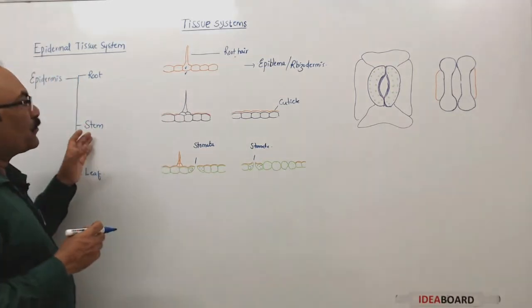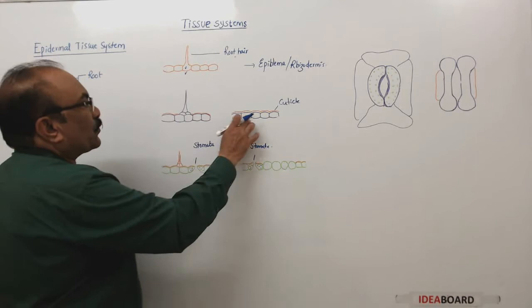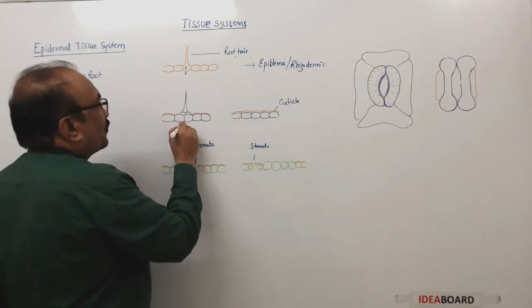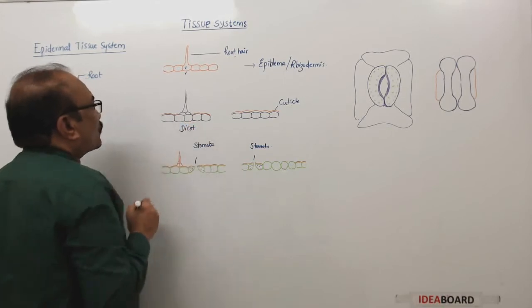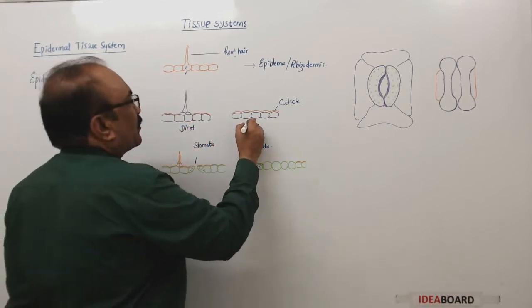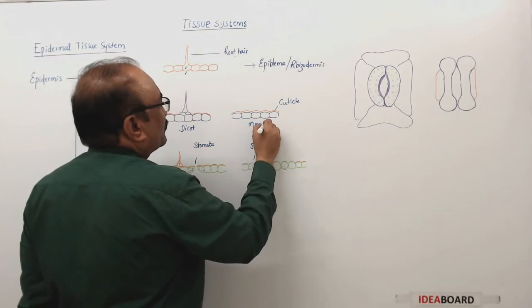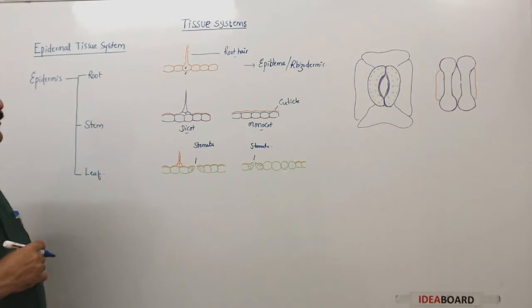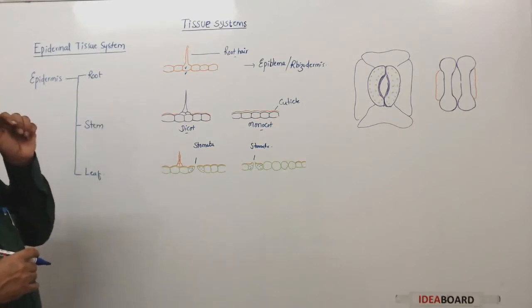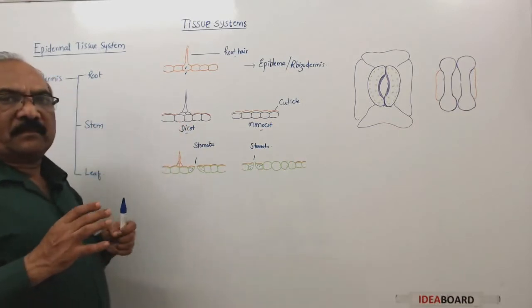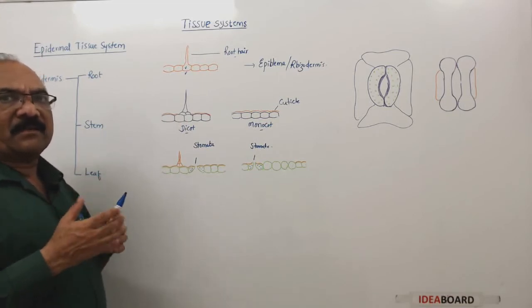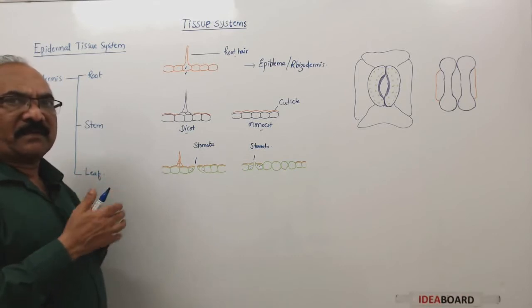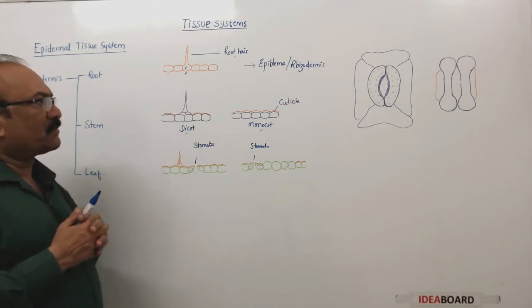When we come to the stem, here I drew two diagrams. This is dicot stem epidermis, and this is monocot stem epidermis. In both of them, the cells are parenchyma cells. They are rectangular cells, arranged compactly without intercellular spaces.